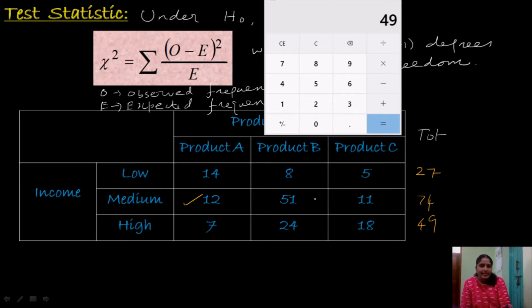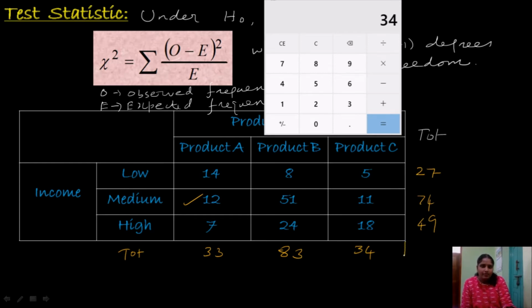Likewise, we have to add the column totals too. By adding 14 plus 12 plus 7, we get the column total as 33. By adding 8 plus 51 plus 24, we get 83. And for the last column, 5 plus 11 plus 18, we get the column total 34. So this is the row total and column total we have calculated.